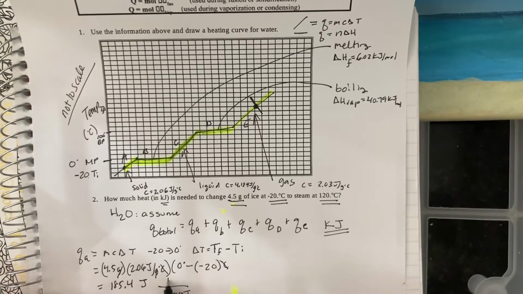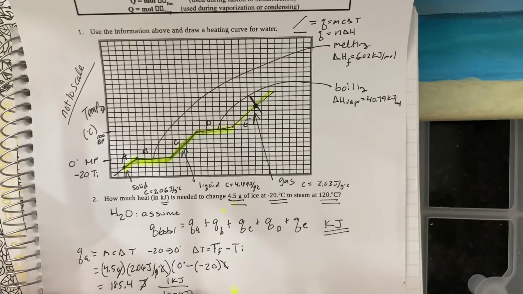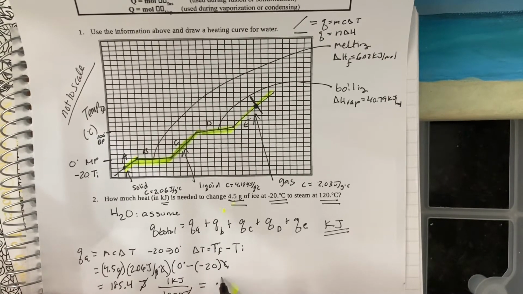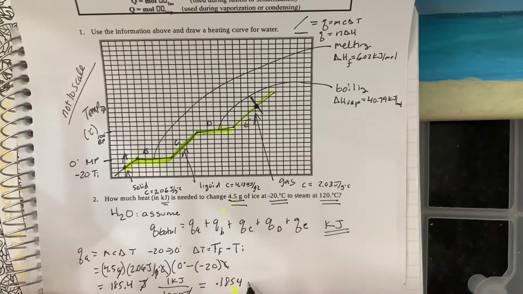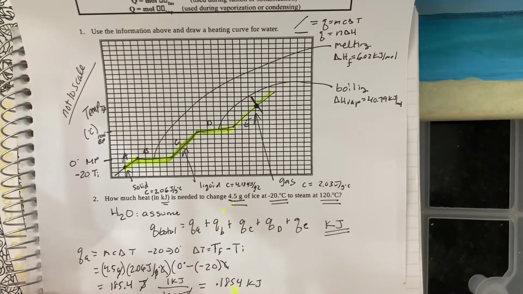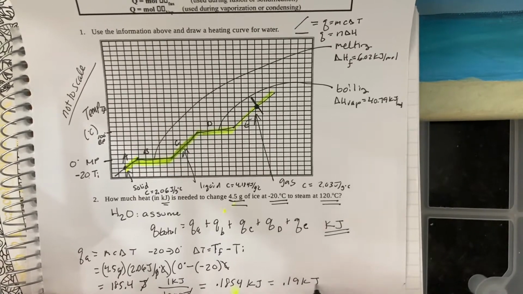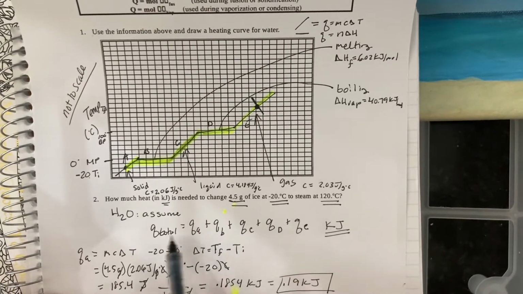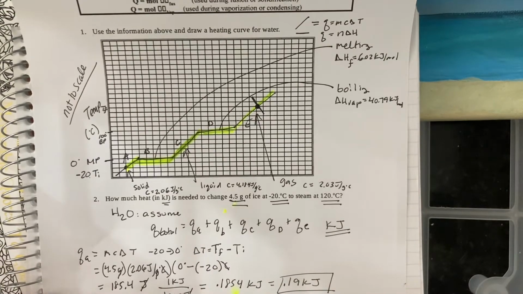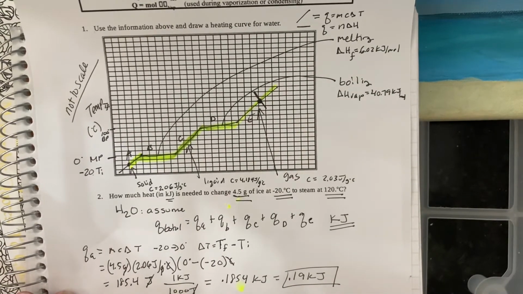There's 1,000 joules in 1 kilojoule. Joules goes on the bottom, so you can cancel. 0.1854 kilojoules. Sig figs, 2 sig figs, 0.19 kilojoules. So the Q for line segment A is 0.19 kilojoules.